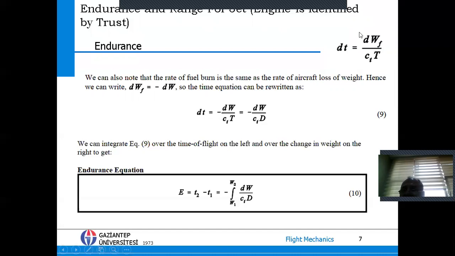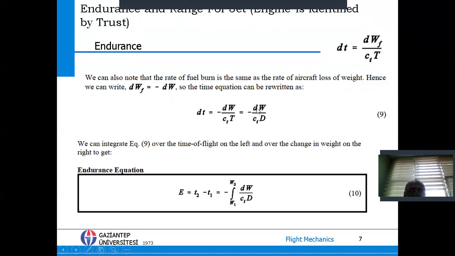So this equation from the previous slide becomes like this: dt equal to minus dW over CT into T, or equal to minus dW over CT into D. Simply, instead of having fuel decrement, we made it the total mass of the airplane decrement.